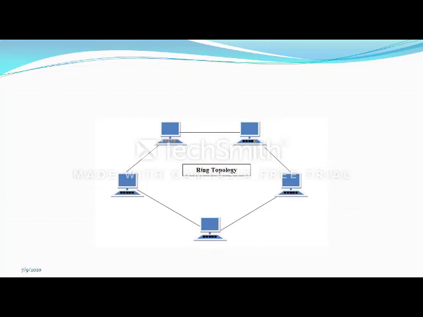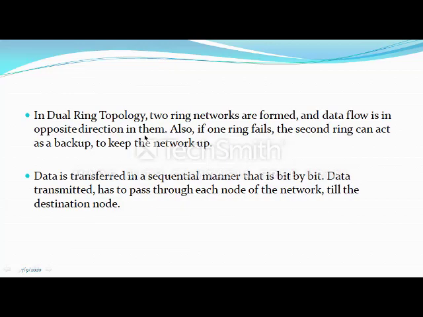If one fails, the other one will work. In dual ring topology, two ring networks are formed and data flows in opposite directions. If one ring fails, the second ring can act as a backup to keep the network up.